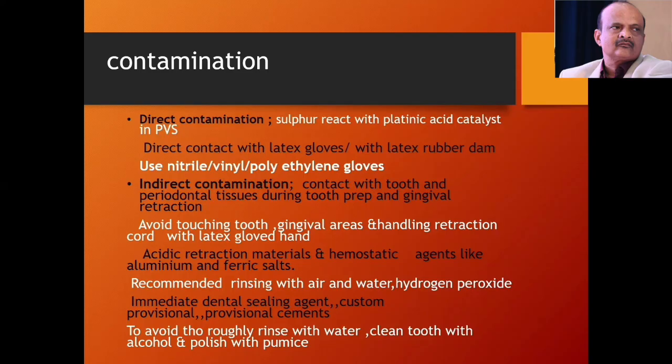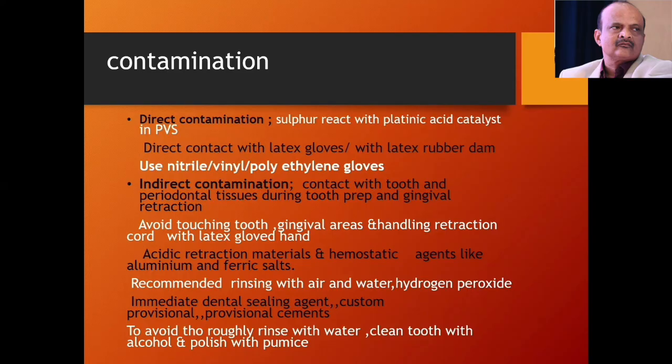Indirect contamination comes from the tooth surface, periodontal tissues, or gingival tissues, which may be due to the contact of latex gloves on the retraction cords and on the tooth surface, and it should be avoided.